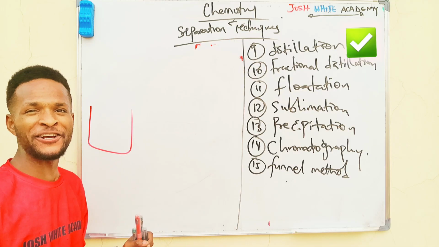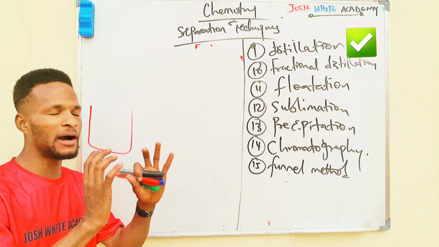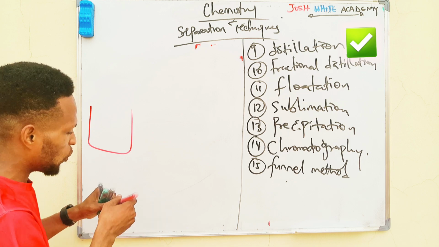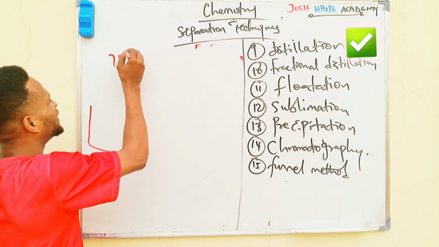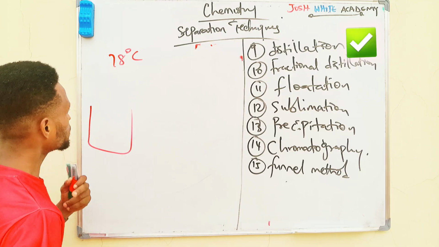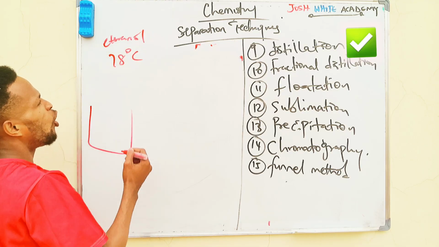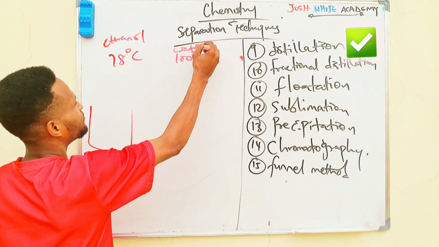You can't know their difference unless you perceive it, because water is odorless, but alcohol is scented, it has an odor. The boiling point of alcohol is 78 degrees Celsius, whereas the boiling point of water is 100 degrees Celsius.